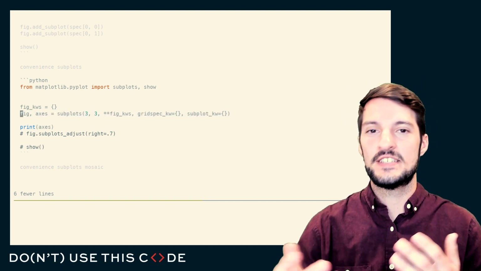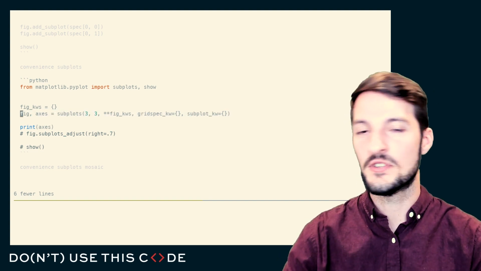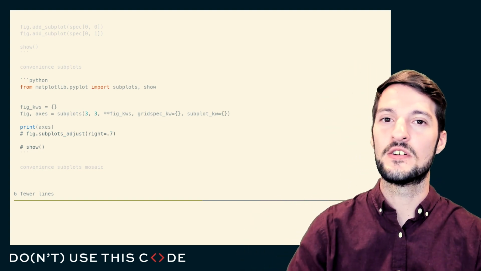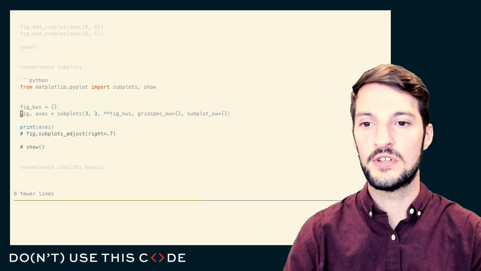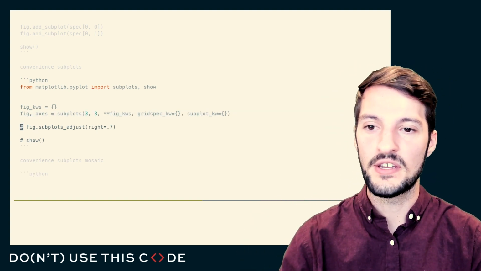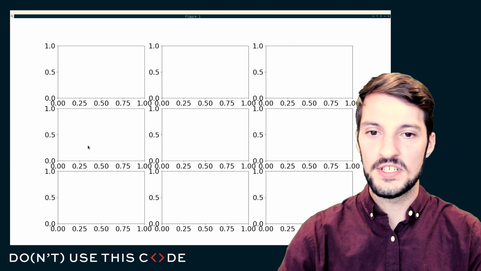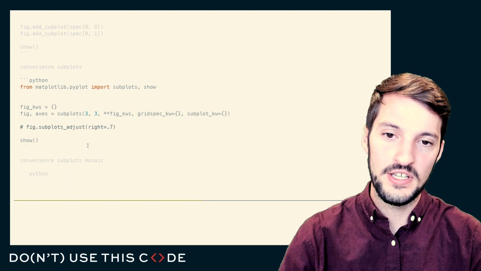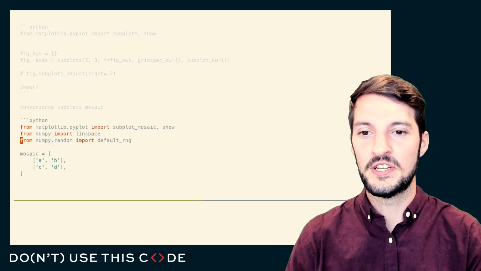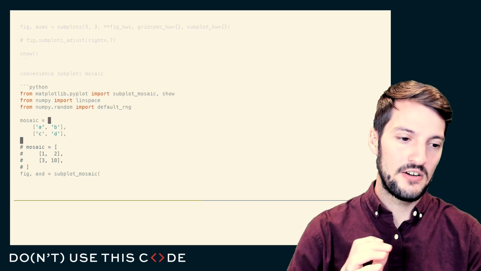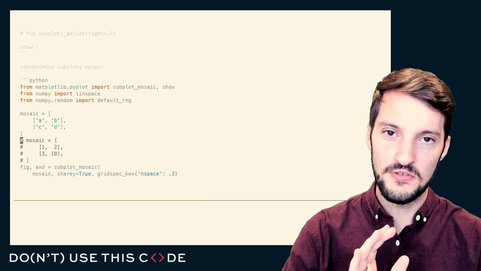And it's a very easy way just to set up a grid without having to explicitly say, okay, give me a figure. Okay, now give me a grid spec with 3x3. We just get it all in one method call. And so if I were to show this, we see I do in fact get a 3x3 grid, just a very convenient entry point. And now that's not my favorite entry point though.